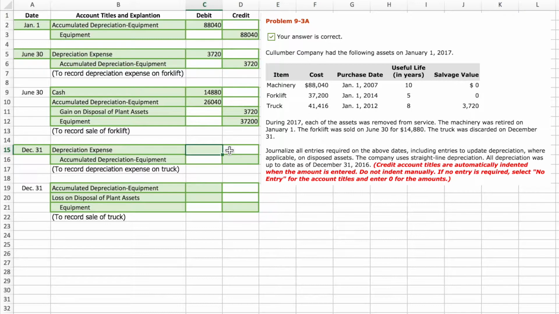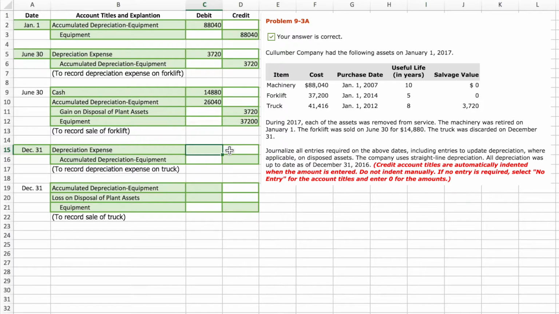Alright, moving on. We're going to move on to our depreciation expense on the truck. Once again, we need to find out the annual depreciation on the truck. This one's a bit harder than the forklift, though, because we do have to consider the salvage value of the truck, which is a total of $3,720.